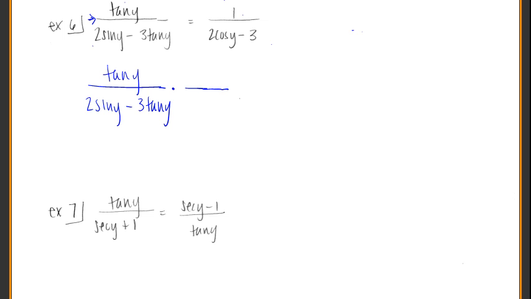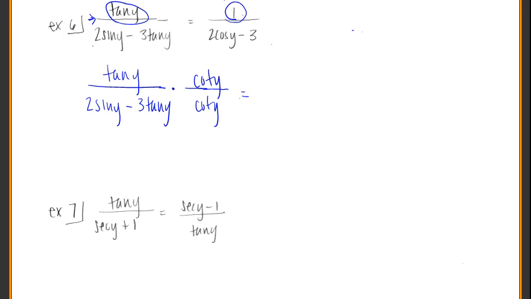The best way that I do it, or how to decide what that one thing is I'm going to multiply by, is I pick one of the three terms over here on the left. Let's just go to the numerator. Let's say tangent. What would you need to multiply tangent by to get 1? Well, the only thing I can multiply something by to get 1 would be its reciprocal. And the reciprocal of tangent is cotangent. So I'm going to choose to multiply the top and the bottom by cotangent.